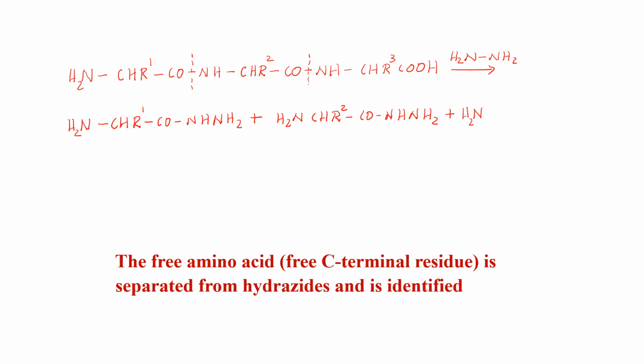So NH2 CHR3 COOH. By identifying the free amino acid, we get the nature of the C-terminal amino acid.